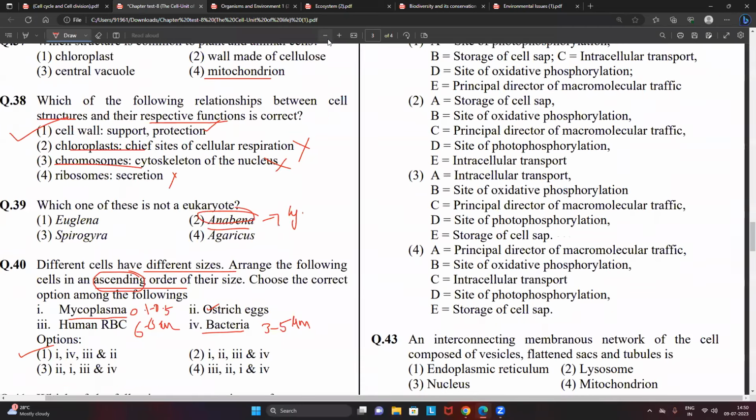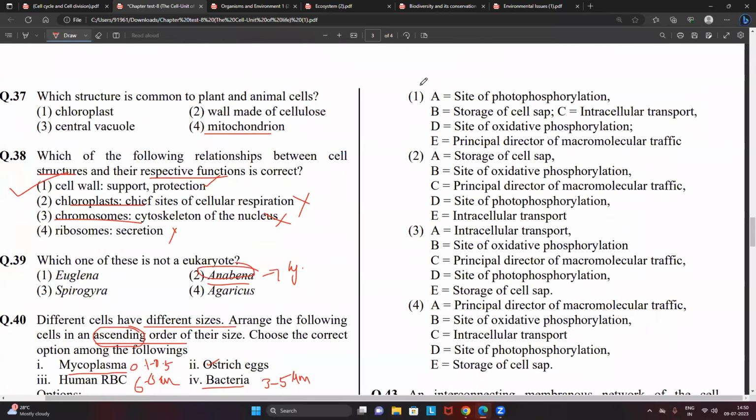1 second. Let me reduce the zoom level. Yeah, every one of you choose the answer. Everyone, take your time.